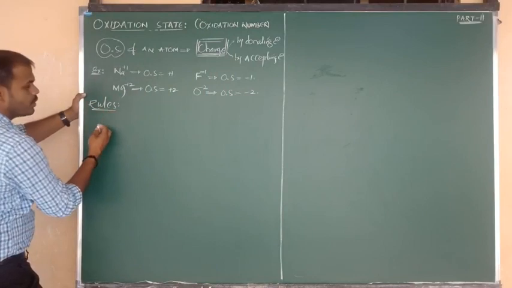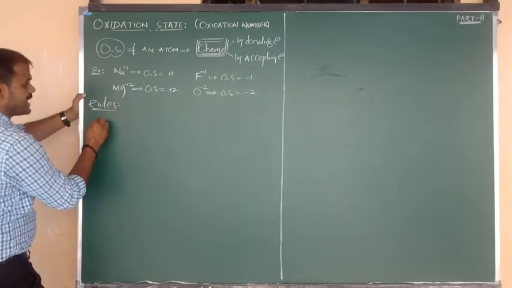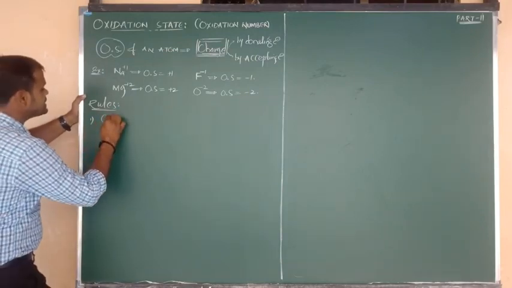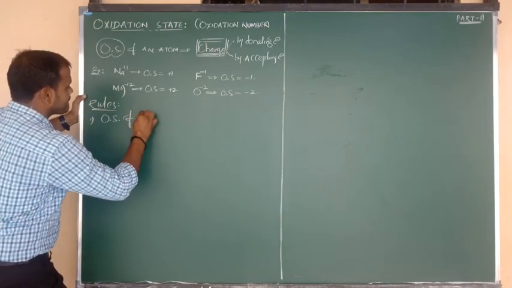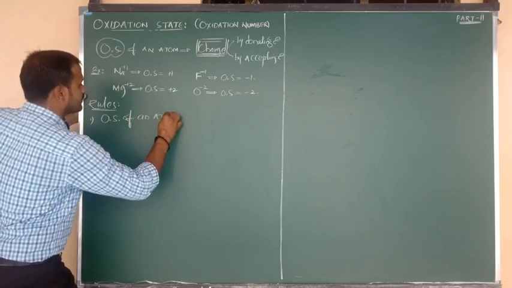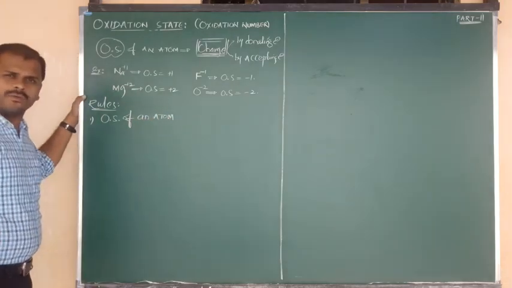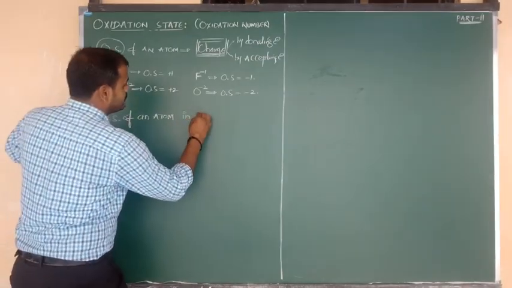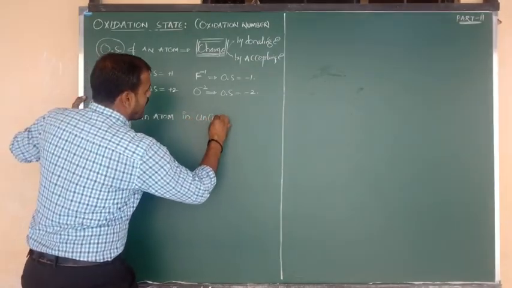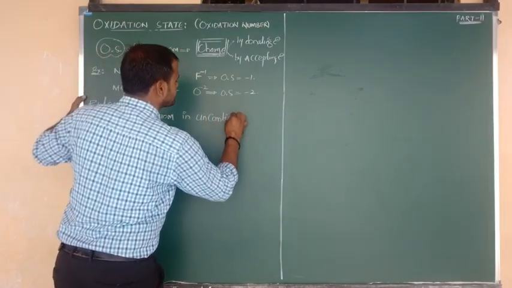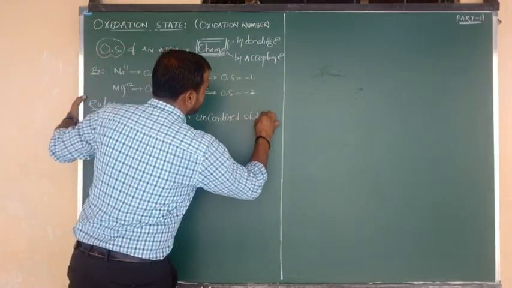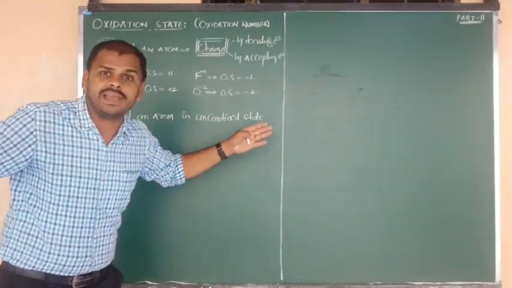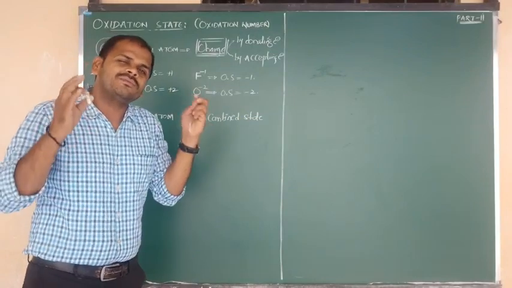Among the rules, first I want to tell you Rule number 1. Try to remember. Rule number 1: the oxidation state of an atom or element in the uncombined state. The meaning is in the elementary state, and we can also say in the free state.